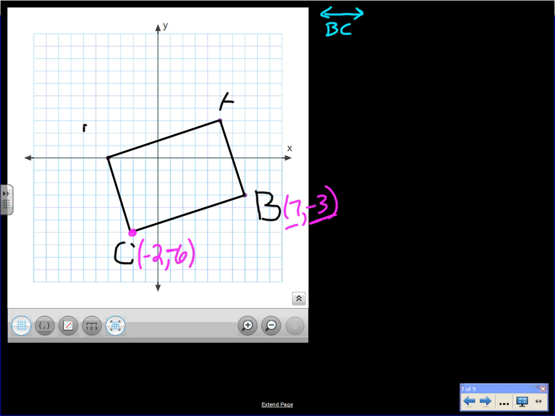We're going to write the equation for BC. So m is going to be equal to something, and b is going to be equal to something. We need to find the slope and the y-intercept.